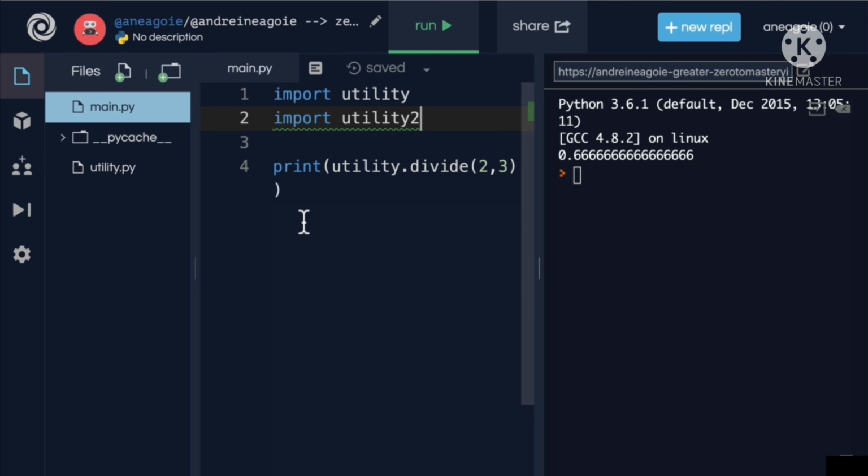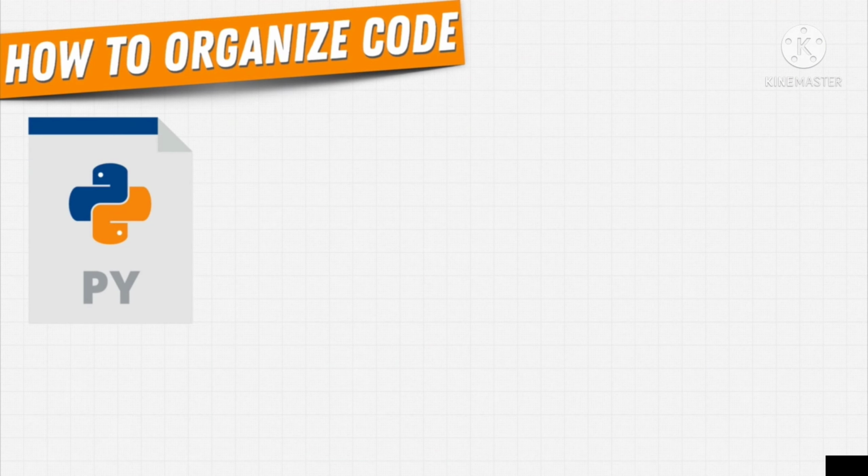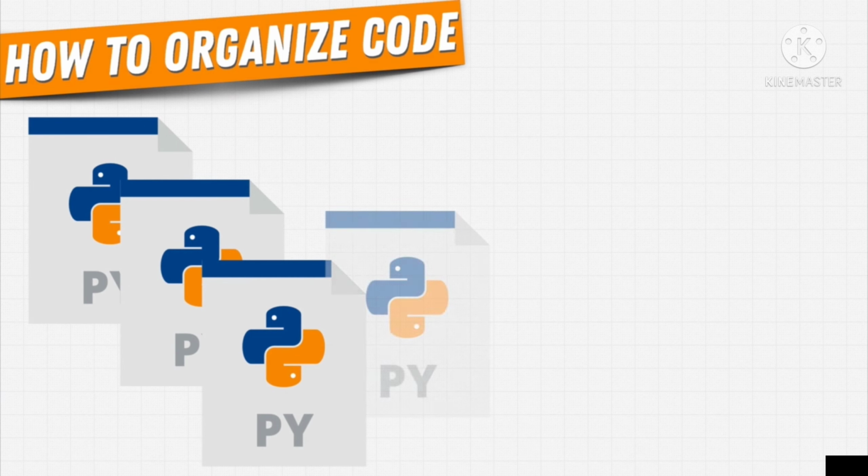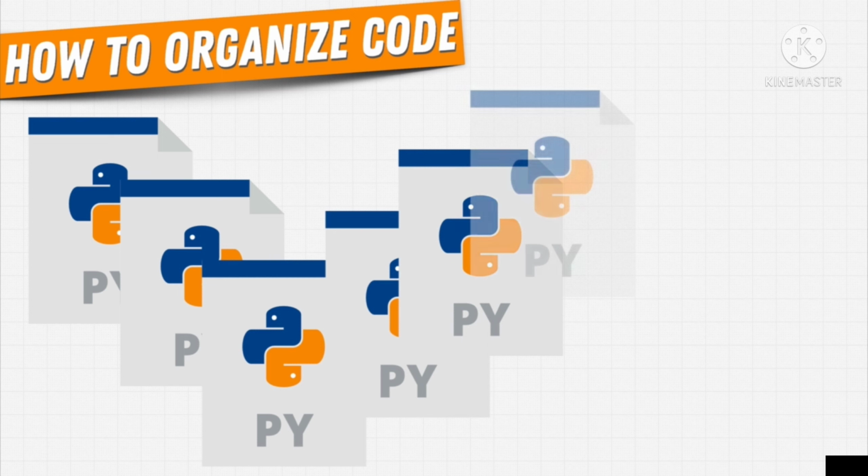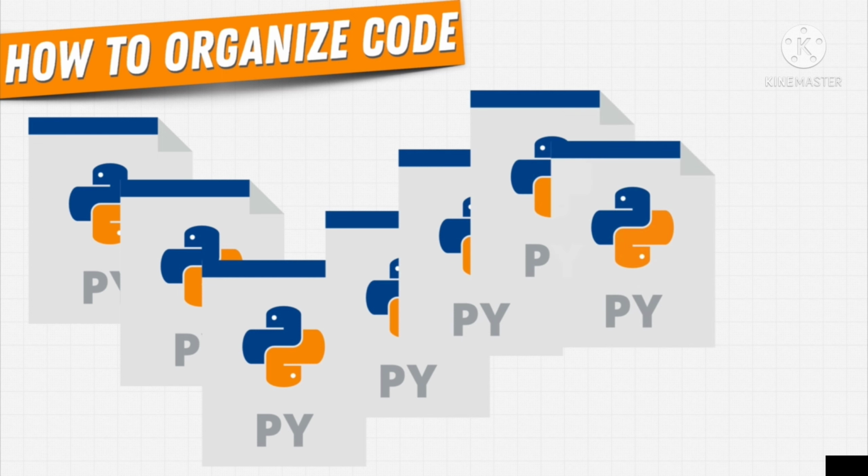How cool is that? So now we have a way to organize our code and have all these files communicate together. Because in real life, we have big projects. And these big projects are going to be worked on by different teams, different programmers. And we need a way to work with all these files.